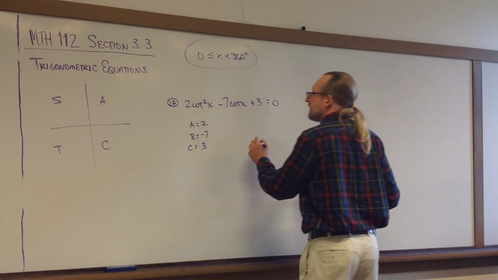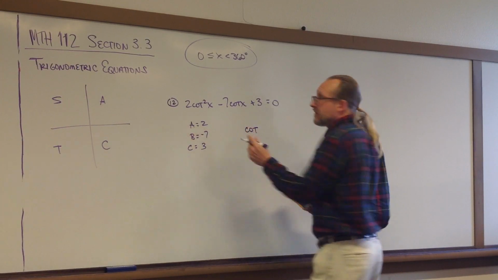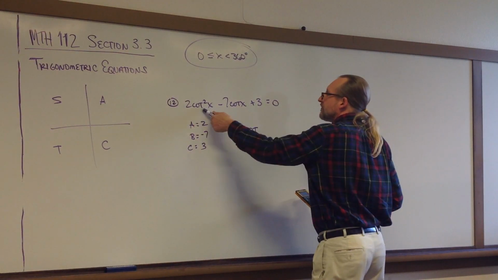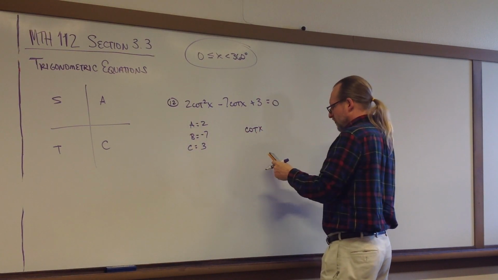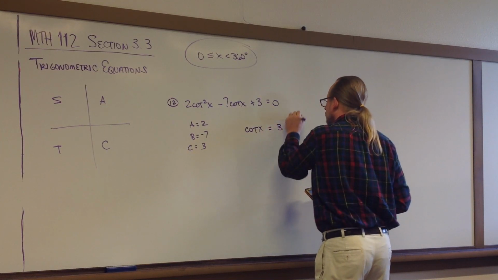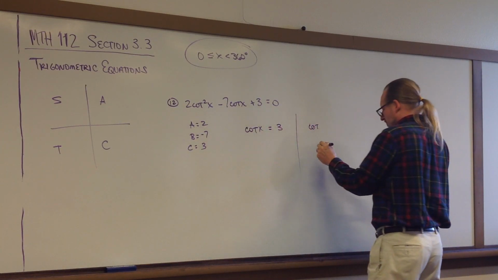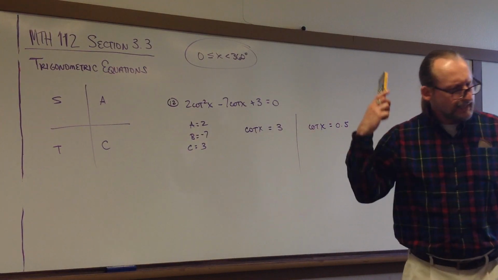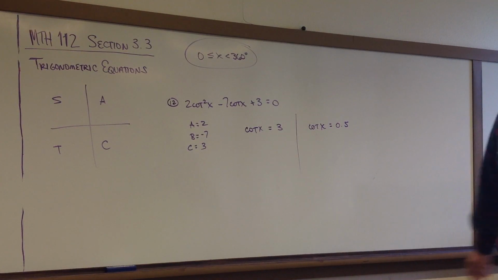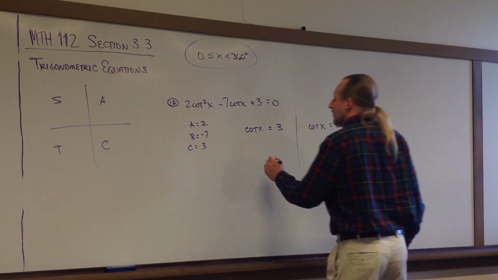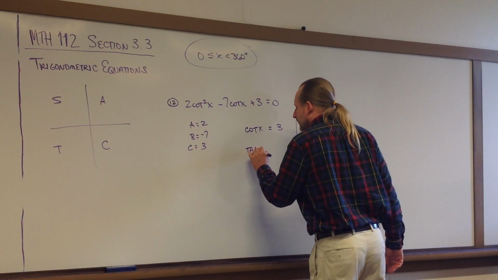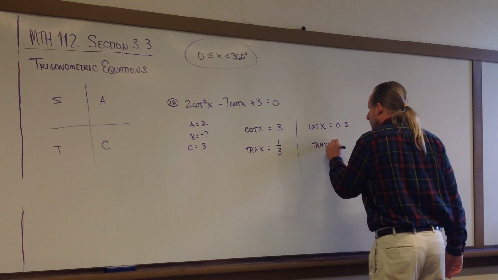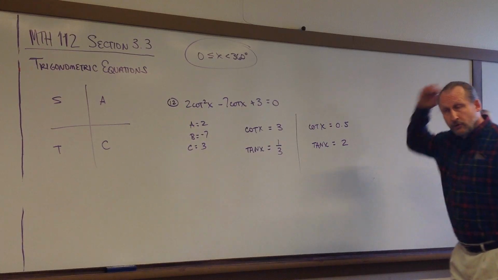And so what we get here is, and remember, we're solving for cotangent of x. We're not solving for x here. We're solving for the cotangent. And what we get is cotangent is equal to 3, or cotangent is equal to 1/2. And again, the calculator does not have an inverse cotangent button, and so we need to say tangent of x is 1/3, and over here, tangent of x is equal to 2.